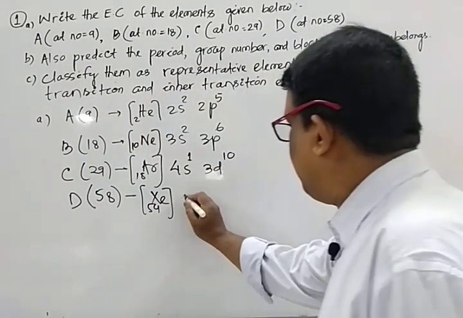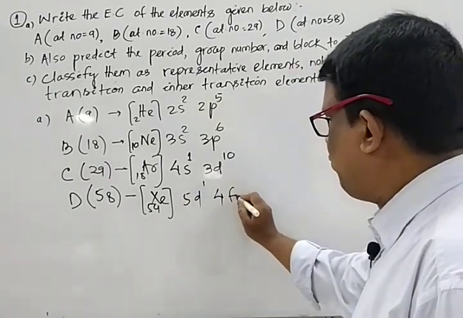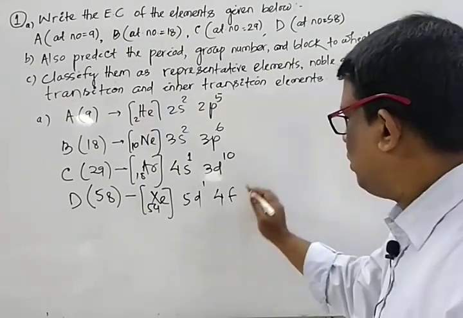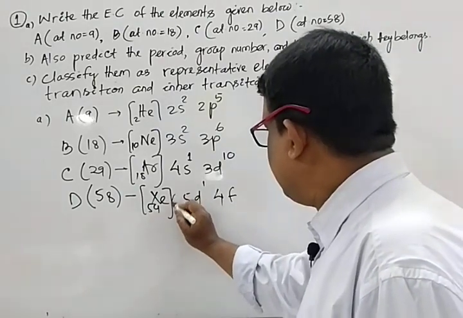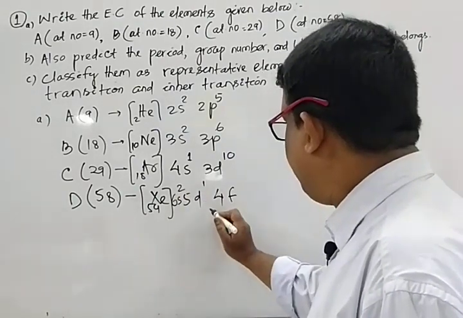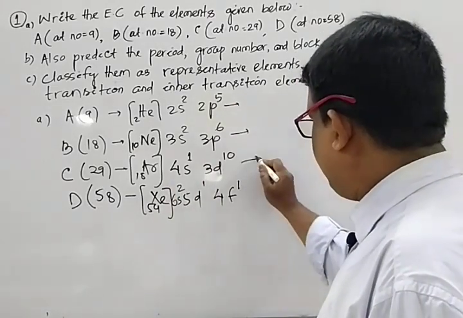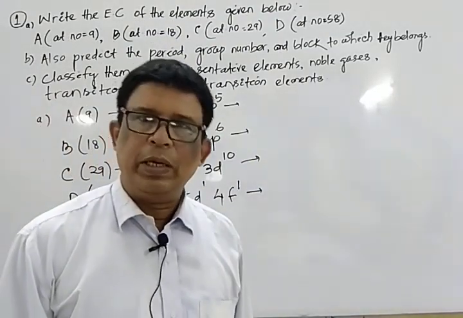Then 5d1, 4f1 and 6s2. So first we write 6s2, 5d1, 4f1. Mark it: this is the electronic configuration of the four elements given, A, B, C, D.